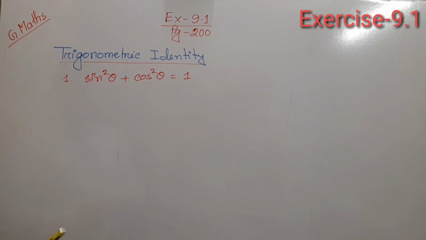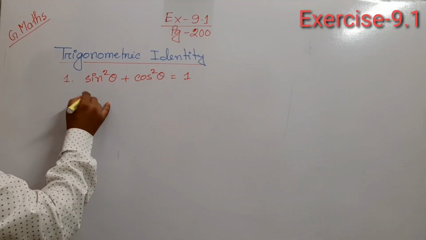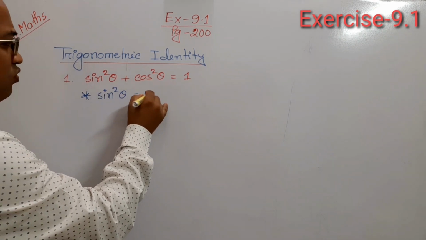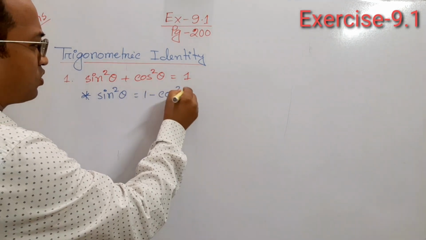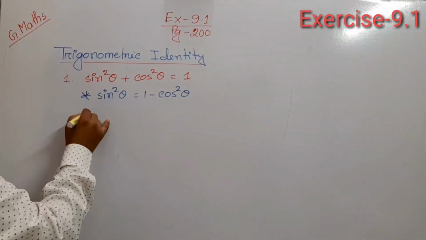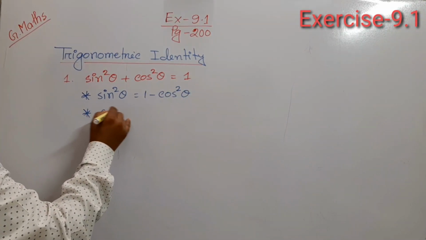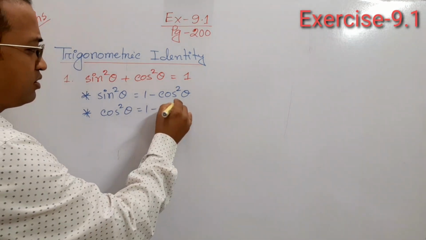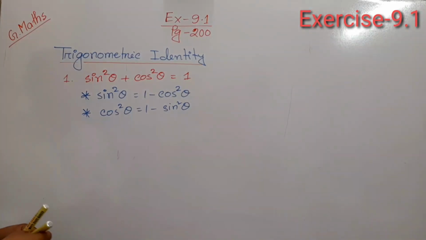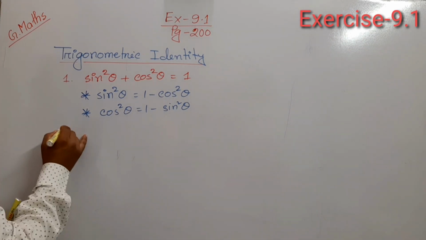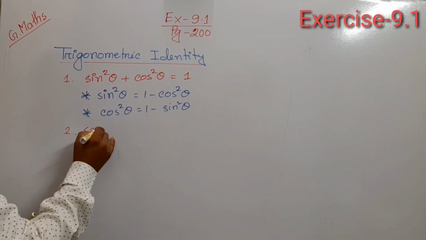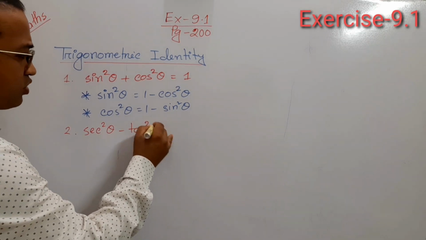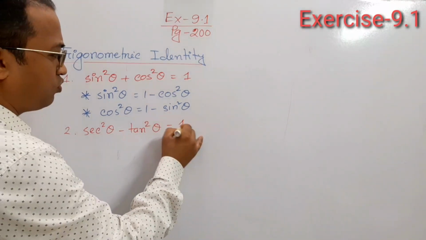From this we can write two more, that is sin square theta equal to 1 minus cos square theta, and cos square theta equal to 1 minus sin square theta.